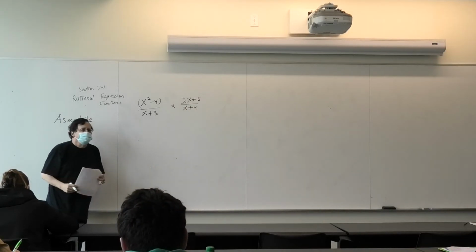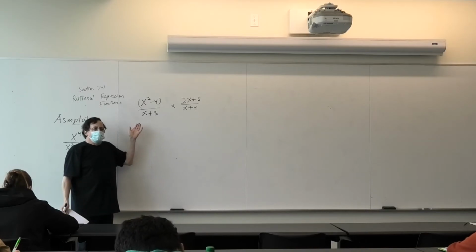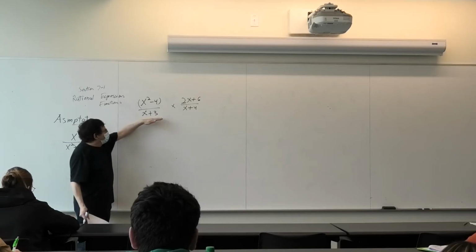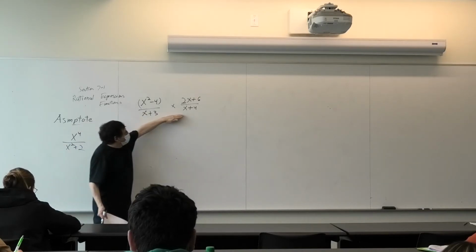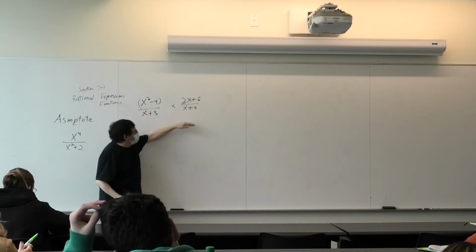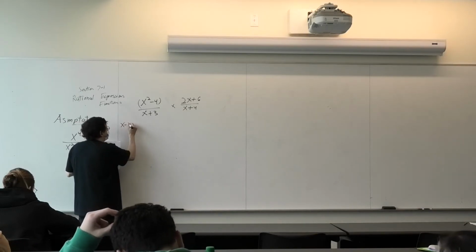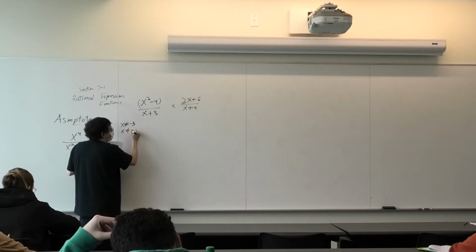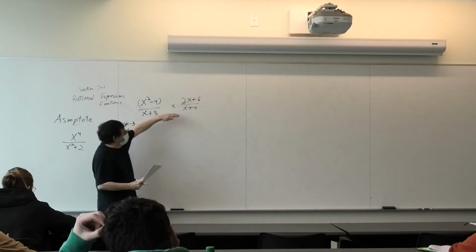Well, regardless of what simplification I can do here, the domain still will exclude negative 3 and negative 4. Again, we have to be careful we don't divide by 0.